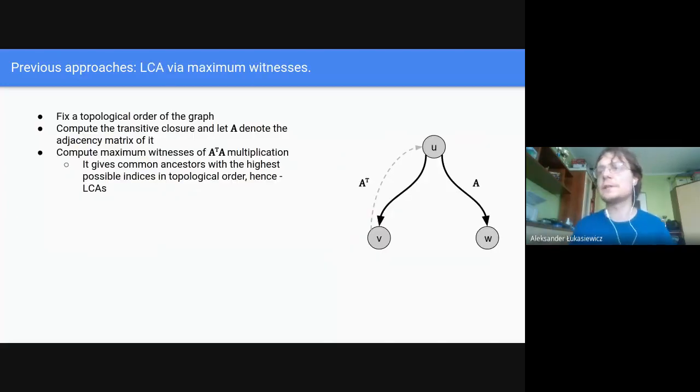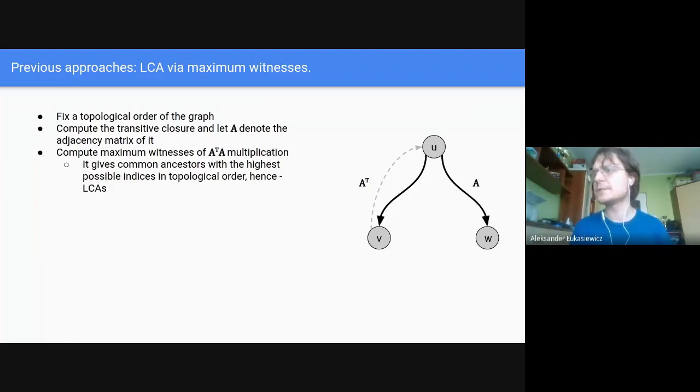Okay, so that was their algorithm for maximum witnesses, and now what they did was, if you want to compute all-pairs LCAs, you just fix a topological order of your graph. You compute a transitive closure, then you transpose the adjacency matrix of it, and you compute maximum witnesses of the product with the non-transposed adjacency matrix.